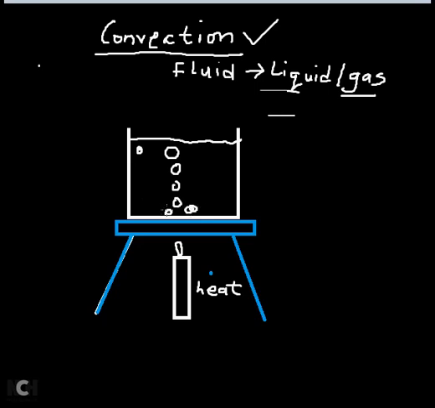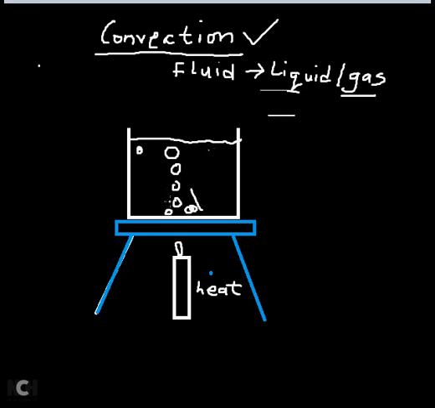And that bubble, due to its volume and lightness, buoyancy, will rise. So as you heat the liquid, the bubbles at the lower part of the liquid go up and give way for the colder liquid to come down to replace it.